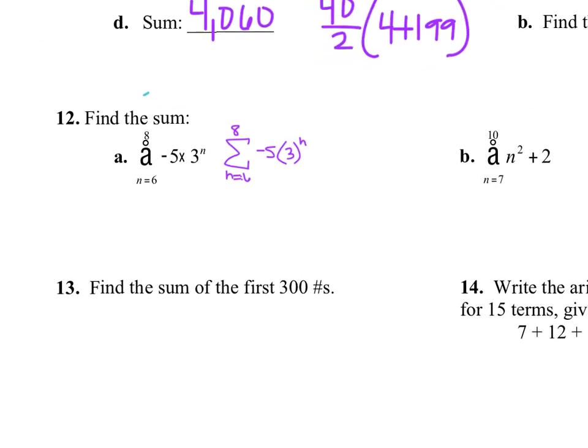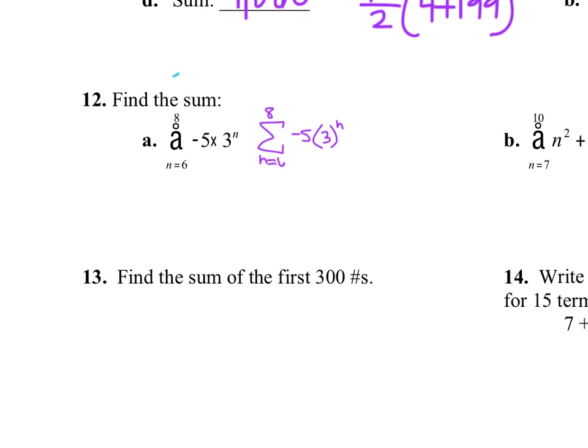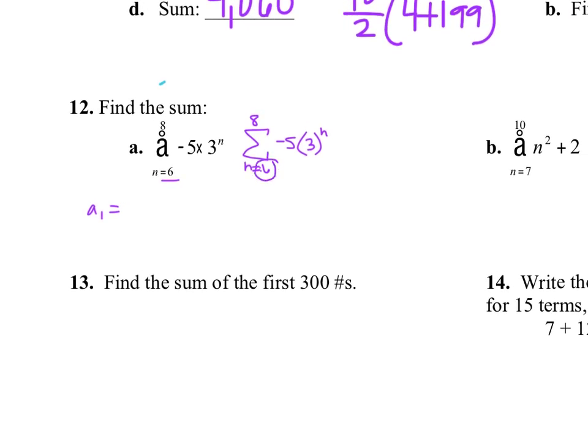So if you look at this, we need to know what our first term is. So a sub 1, our first term, is when we plug this number in. So if we do negative 5 times 3 to the 6th power, our first term is negative 3,645.